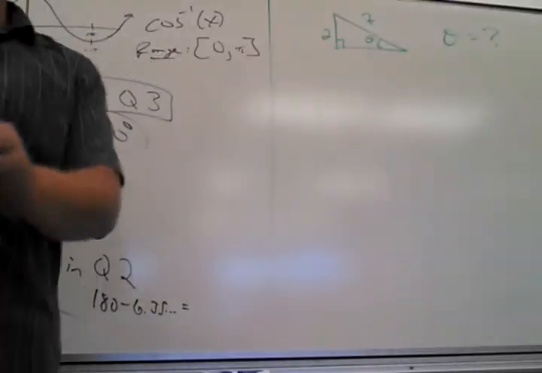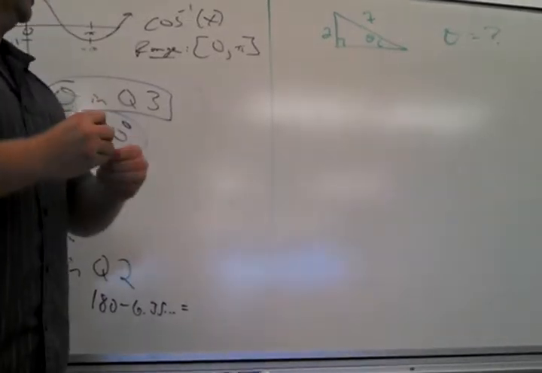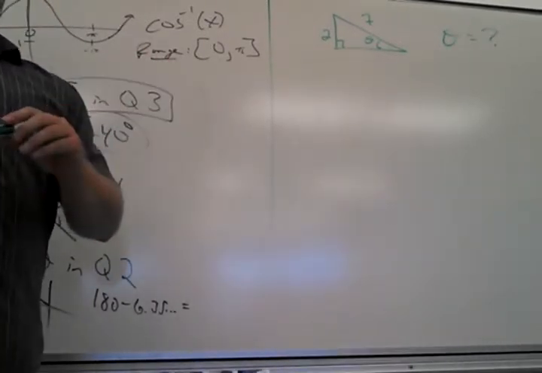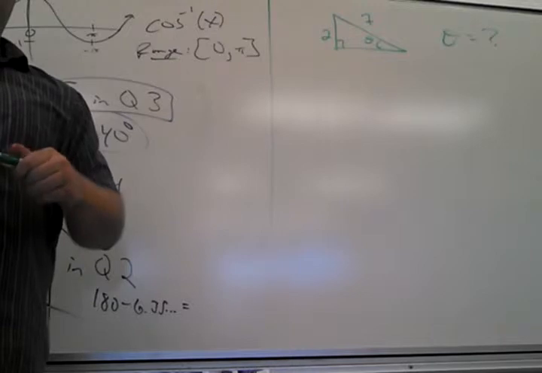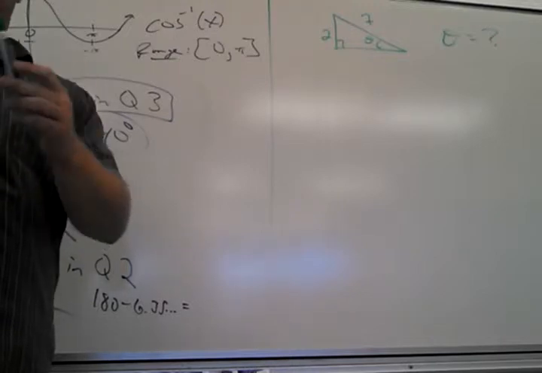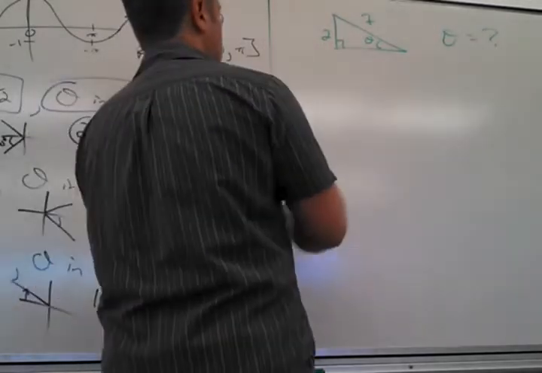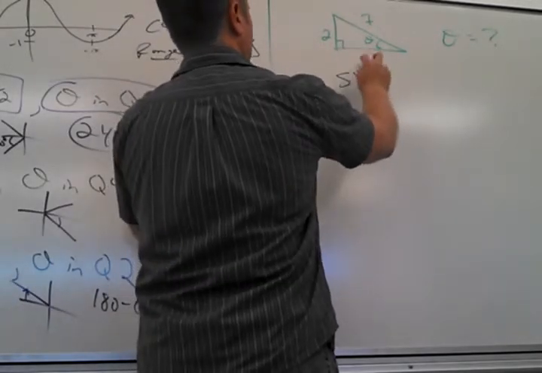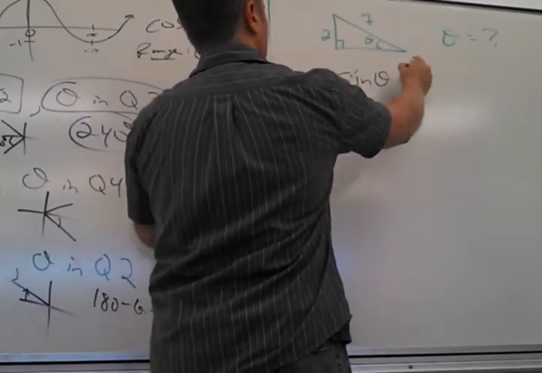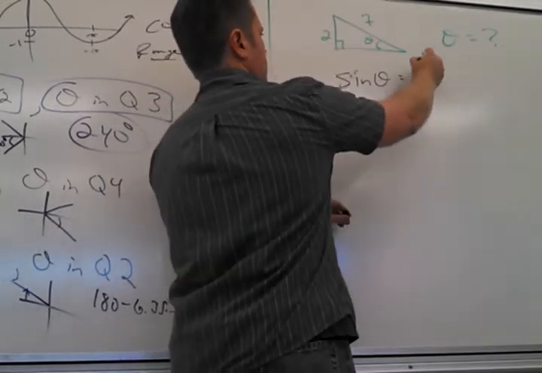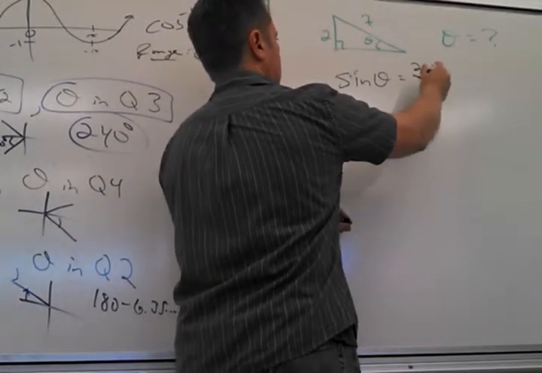Now, what does this open up here? What trig function do I want to use? Yeah, it's going to be sine. It gets me started. So sine theta equals 2/7. So then it becomes a lot like that last one we did.